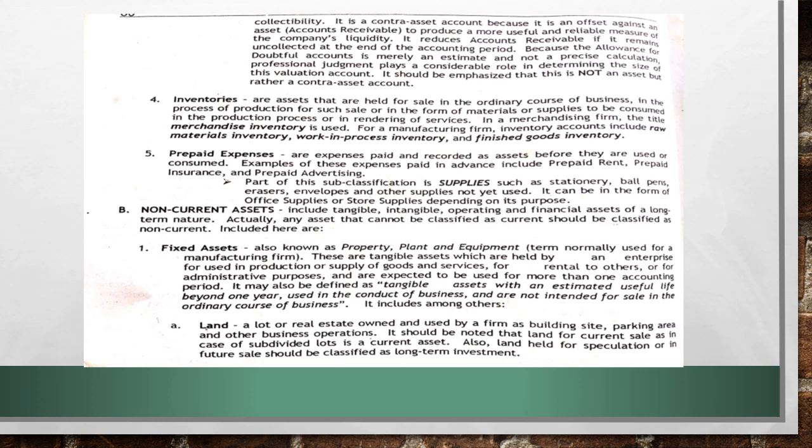Examples include the prepaid rent, prepaid insurance, and prepaid advertising. So again, para mas clear, prepaid expenses are assets paid in advance, but still unused or hindi pa siya nakukonsumed.